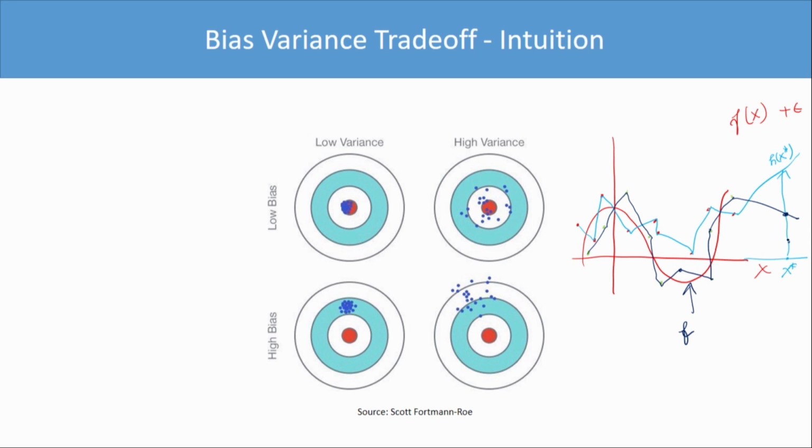So for x star, my predictions are on this line, right? Every time the polynomial becomes more complicated, the variance in this prediction for h of x star increases. That is why a complicated model will have high variance. But the bias is low because this mimics the curve, right?